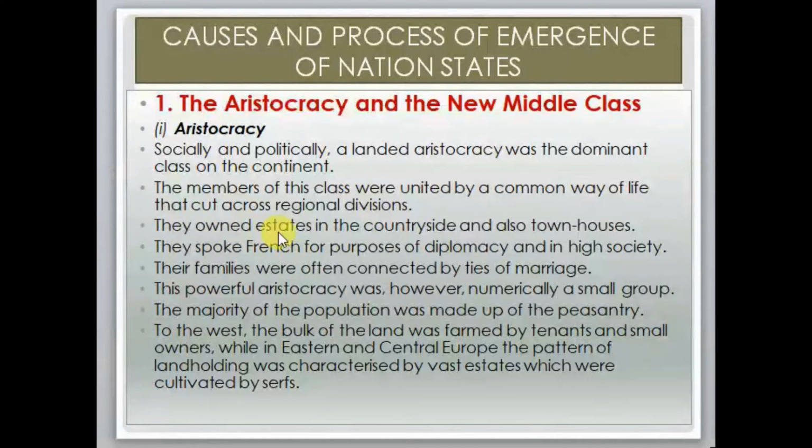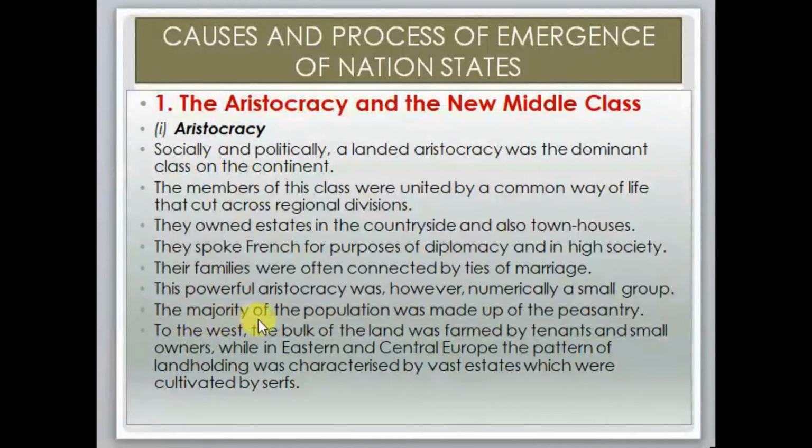They owned estates in the countryside and also townhouses. They spoke French for the purpose of diplomacy and in high society. Their families were often connected with ties of marriage. However, numerically, this powerful aristocracy was a small group.